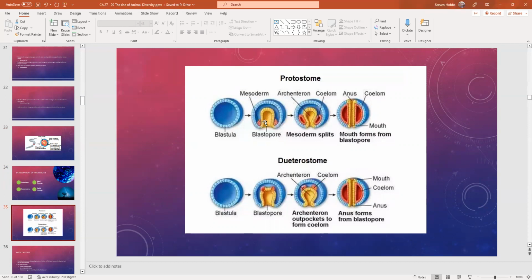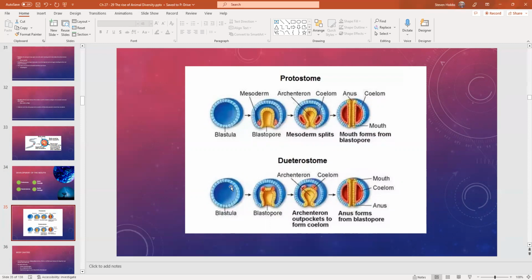The blastopore becomes the mouth first, and we see the mesoderm start to arise. They will start to separate out, and they will create the body cavities here. Call it a coelom. So as the mesoderm starts to split, it creates a mouth on one end, an anus on the other, as it starts to develop, with the body space in between, the body cavity.